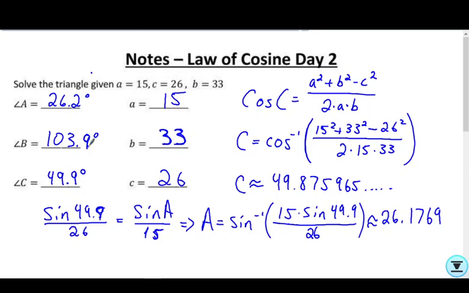It's really up to you which way you do it, but you need to make sure that you solve for all the angles. And again, check to make sure your answers make sense. Does my smallest side have my smallest angle measure? Does my biggest side have my biggest angle measure? Yep. So we're just using formulas at this point. Should be really, really simple.